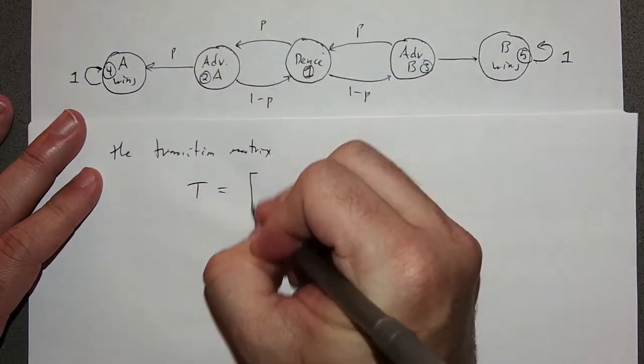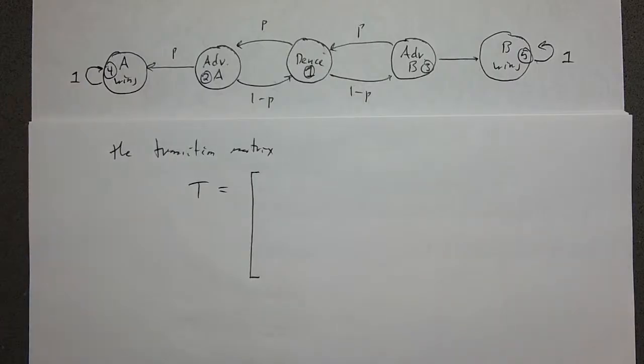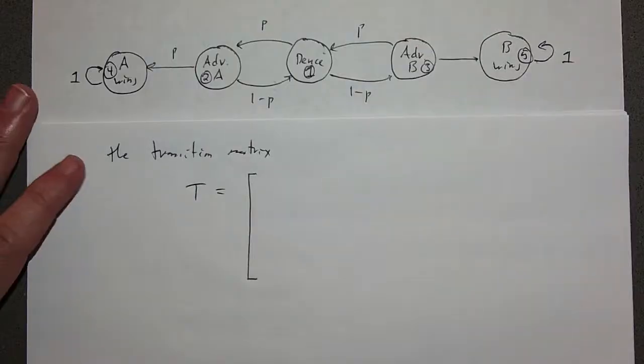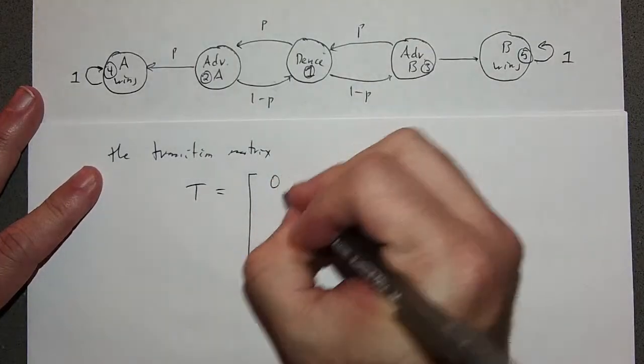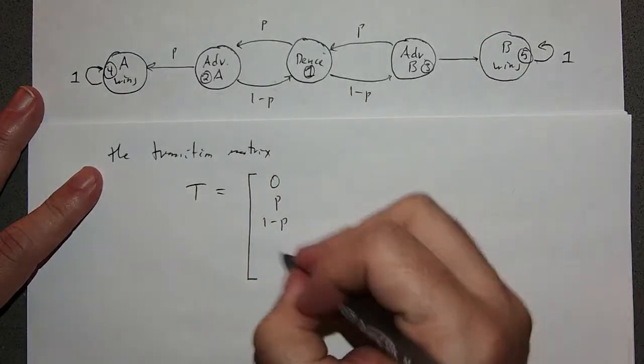So the transition matrix T is what? I'm going to read this column-wise. Remember what the entries of the transition matrix are. I'm not going to review that now. If you want to have a look at our Markov chain videos, please do that at your leisure, because that's what I'm using to write down this transition matrix. I'm going to read the columns here. So this is 0, P, 1 minus P, 0, 0.